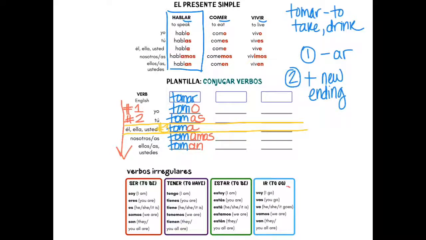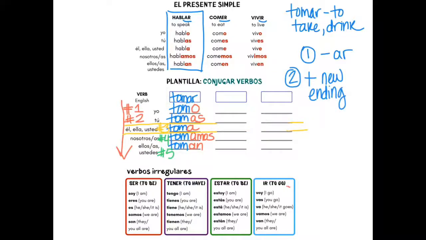And then after a little bit more, we'll go ahead and we'll add in the last 2, the we and the they or you all forms. So if you prioritize it this way, it's not nearly as overwhelming to look at just 2 verb forms or even 1 verb form instead of 5. That's my recommendation.